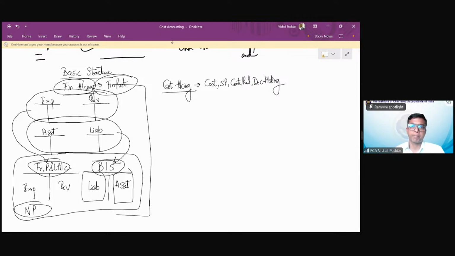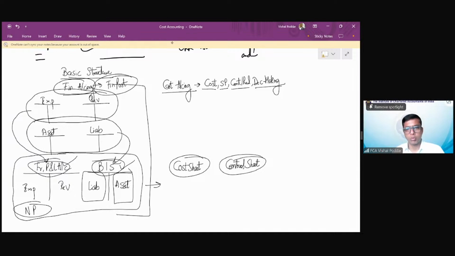Now, in order to achieve this, the reports that we need, like here the reports were balance sheet, P&L, etc., are different. We need the cost sheet. Please understand. We need different types of control sheets.